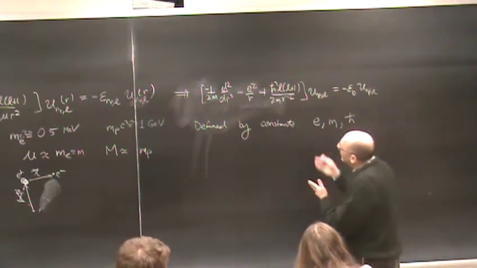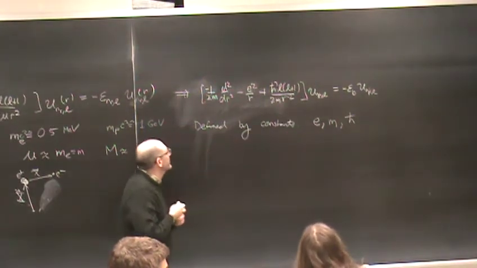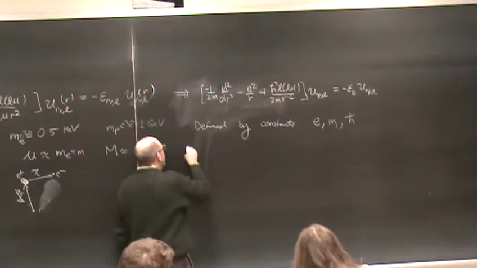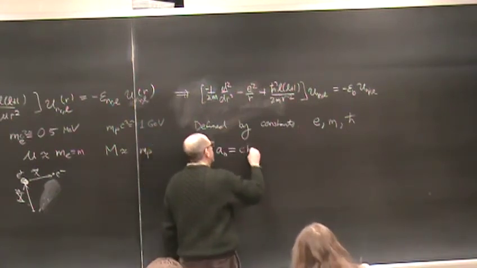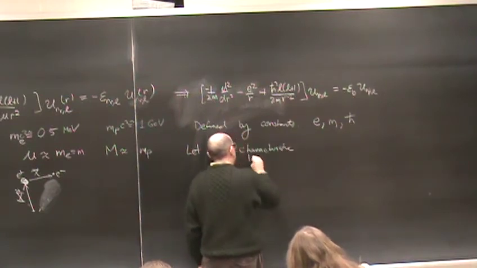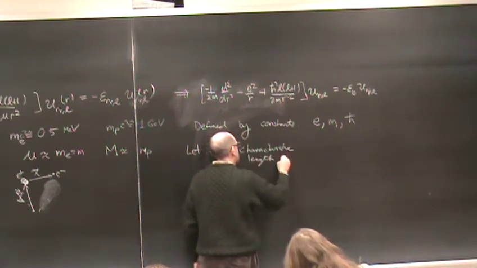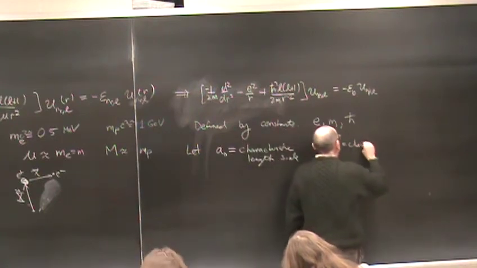So we could do that in the following way. Let's define A naught to be the characteristic length scale, and let's let E naught be the characteristic energy scale.